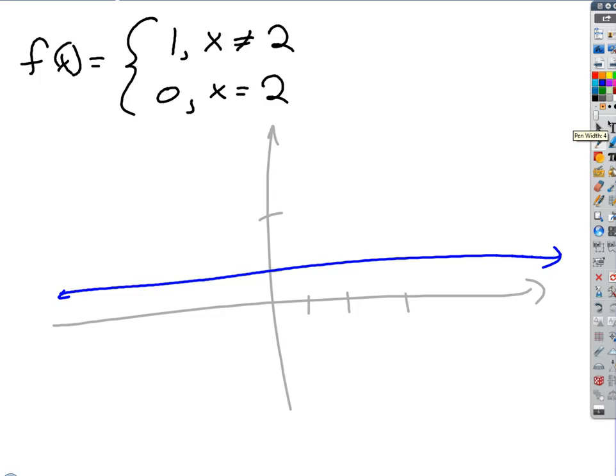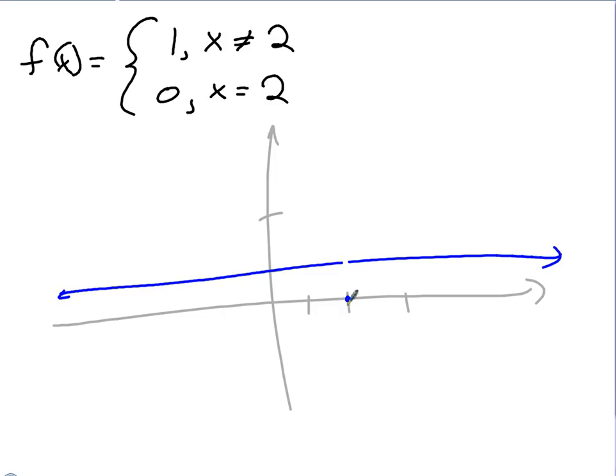So at x equals 2, we've got a hole. And down here, when x equals 2, the value of the function is actually 0. Now that's not a very convenient way to write that hole, though, is it? It's hard to see. What should I put there instead?